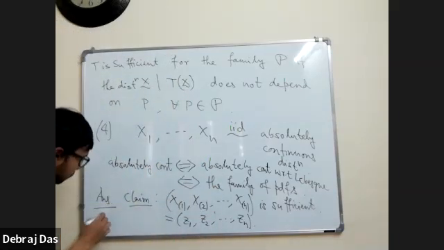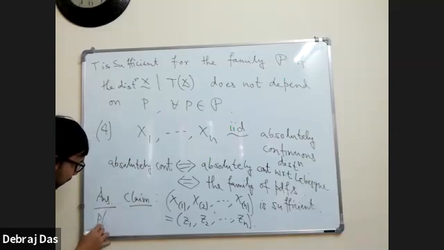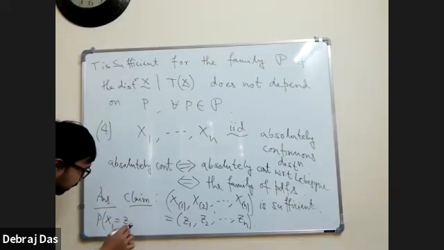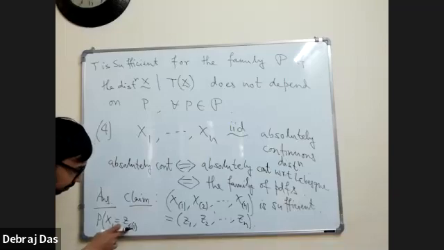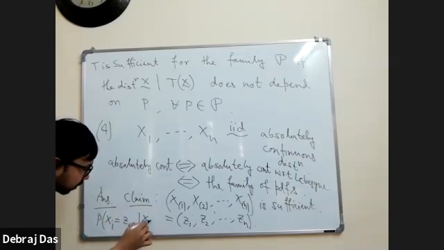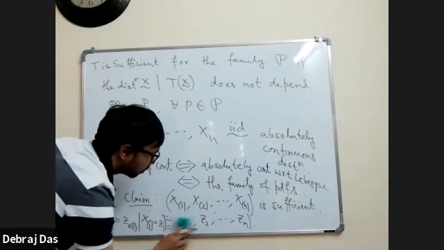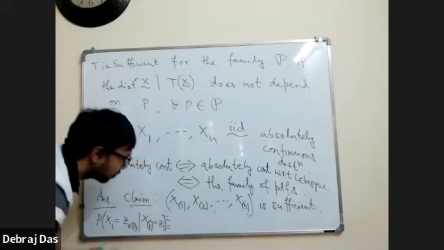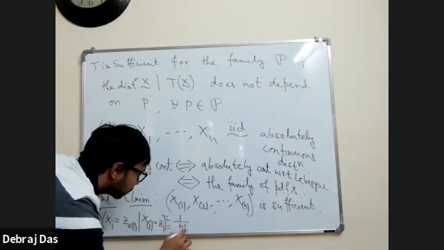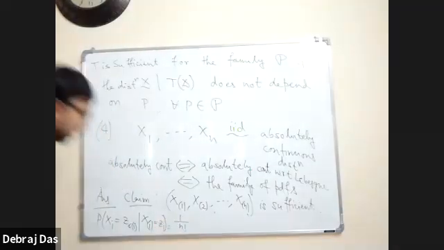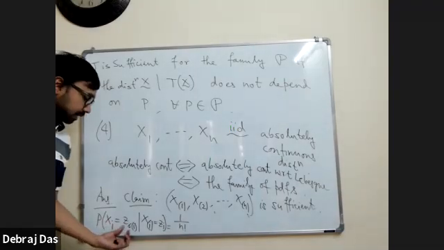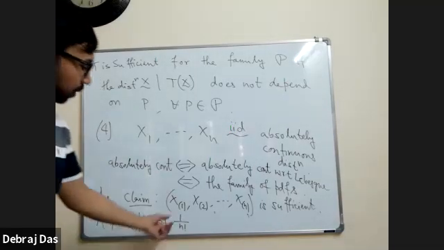So each choice will have probability 1 by n factorial. So the probability that (X1, ..., Xn) equals some permutation sigma of z1 to zn, given the order statistics, is simply 1 by n factorial, and the probability that it takes any other value is equal to 0. I am not writing that. And why is it 1 by n factorial?